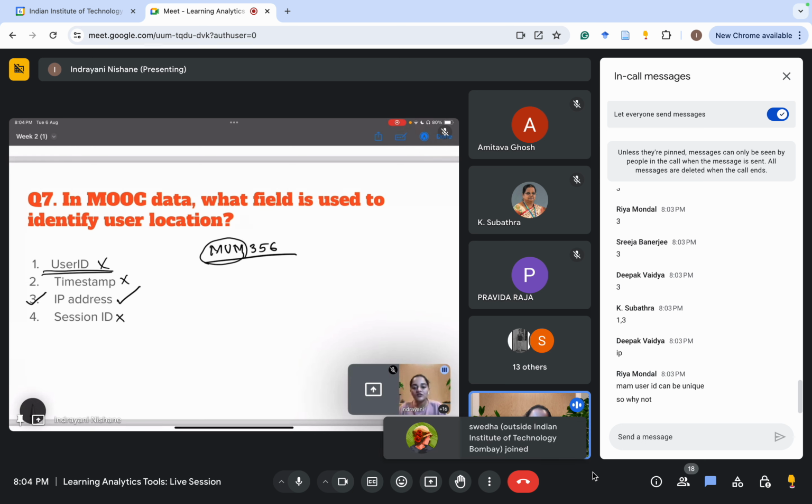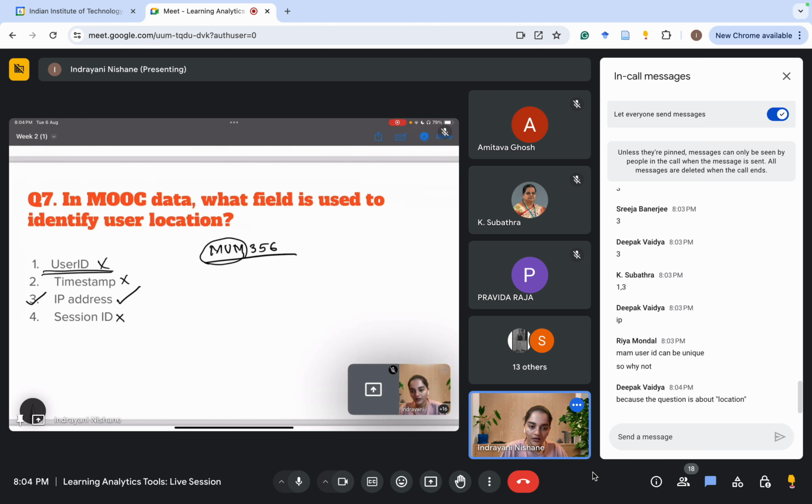But do our school roll numbers give information about our place of residence? So it is not always true. Not all roll number systems or unique ID systems will always give us information about location. But a computer's IP address will for sure give us information about the user's location.